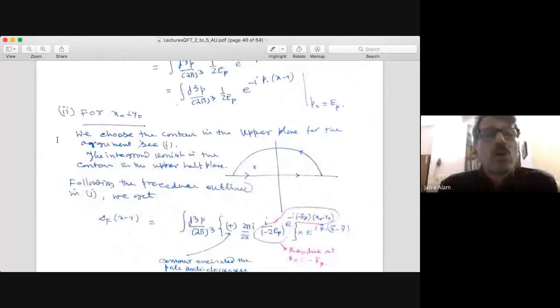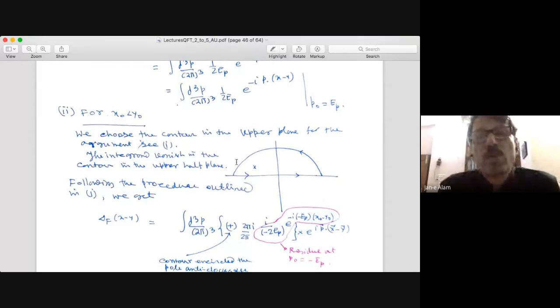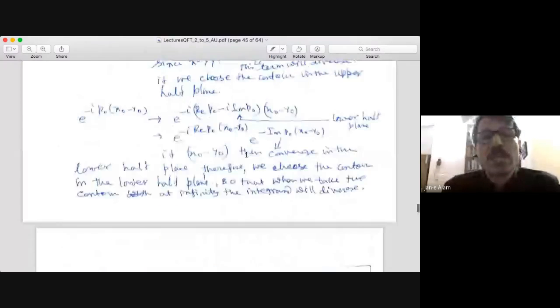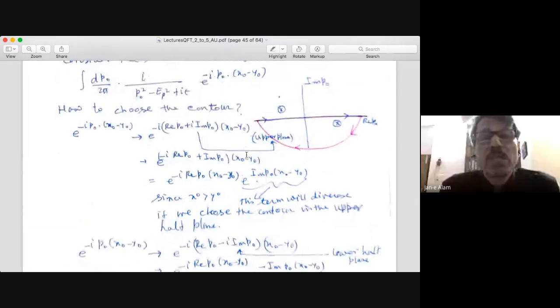Now let me consider the case where x0 is less than y0. When you choose the contour, you have to choose the contour in the upper half plane. Why? Because you can check that very easily. Let us see what was happening when I chose the contour in the upper half plane, and what was appearing here: x0 minus y0.